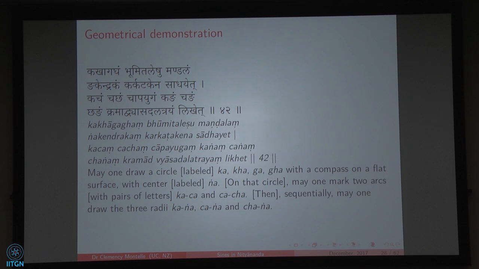it is not a word at all, but rather the first four consonants of the Sanskrit alphabet. So kakagagam literally means ka, ga, and ga. So these are our lettered points. Bhumitaleshu, on the surface of the earth, mandalam.